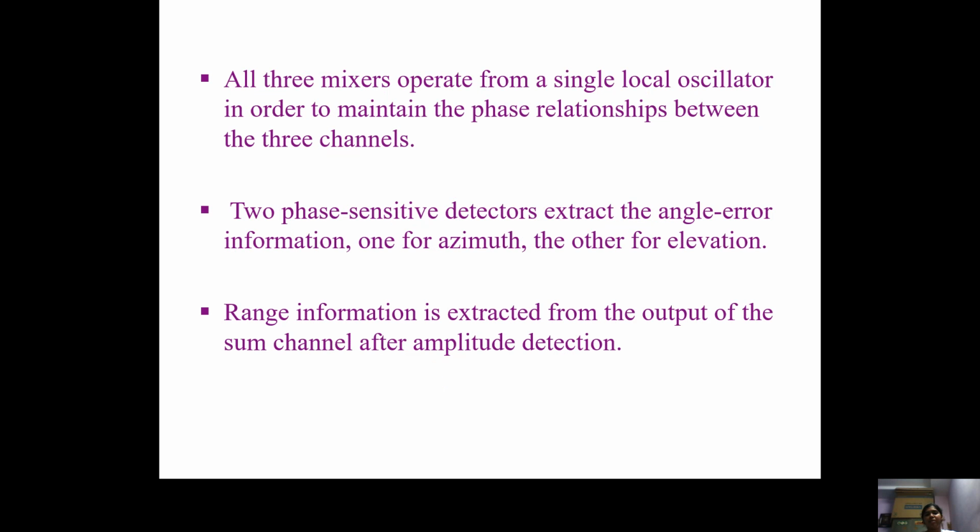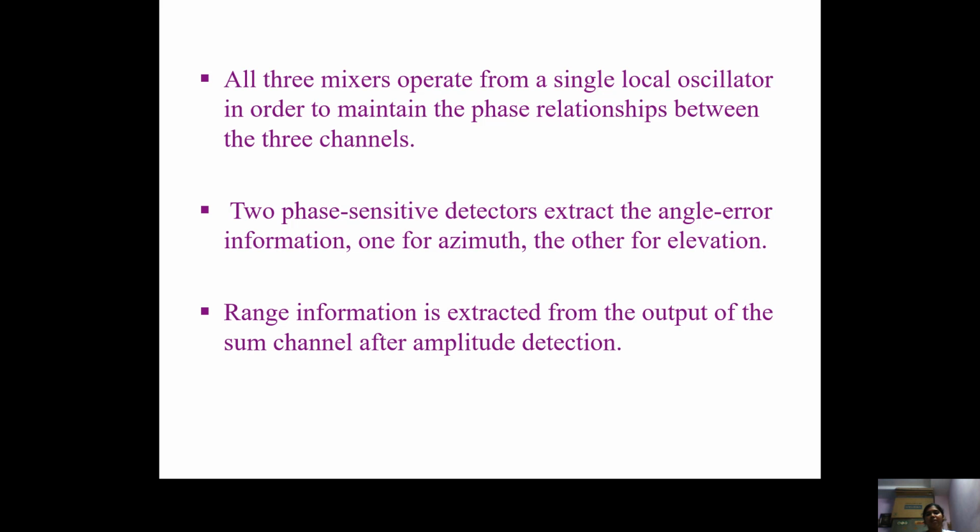All three mixers operate from a single local oscillator in order to maintain the phase relationship among the three different channels. Two phase sensitive detectors extract the angular error information, one for azimuth and the other for elevation.